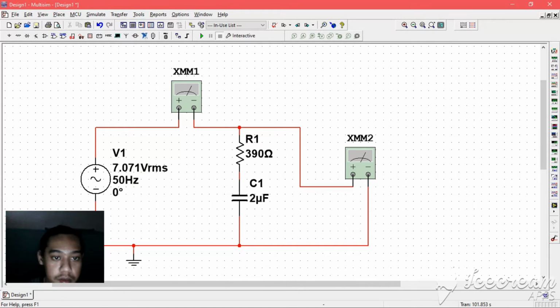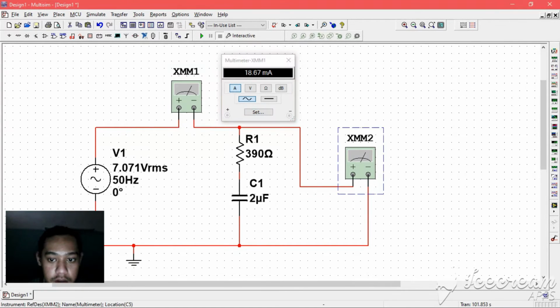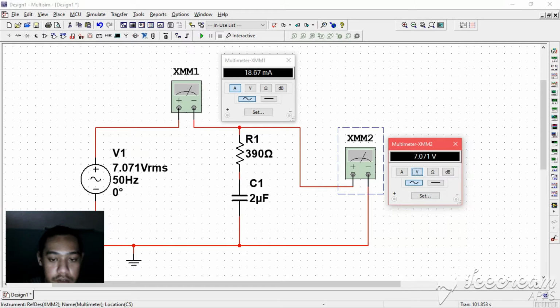I use the multimeter because it is easier to measure both of the values. I will show you the example of 390 ohm and 2 microfarad capacitor.